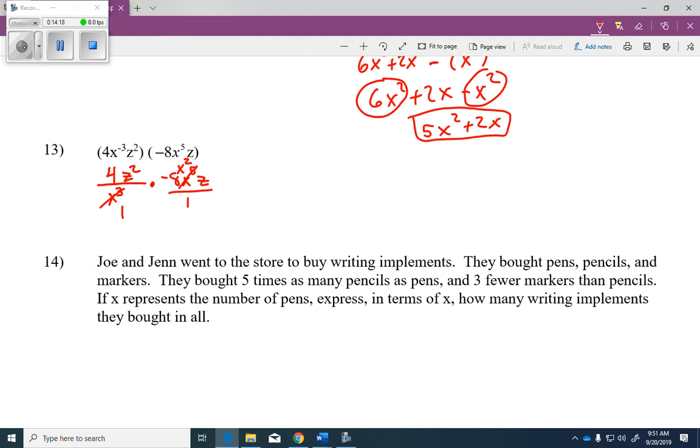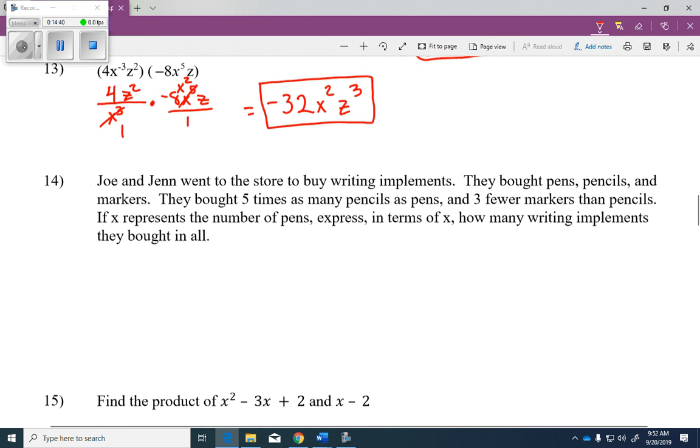In my numerator now I have 4 times -8, which is -32, x squared z to the 3rd power. I have a 1 in the denominator, but we don't need to write that, so here's my final answer.